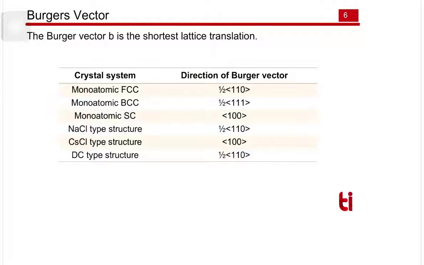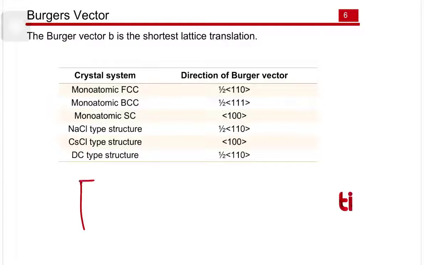This is something very important to understand, the Burgers vector, because you can have simple cubic, body-centered cubic, face-centered cubic, and some ionic solids. Each material has its own Burgers vector, which is an invariant quantity. When a dislocation is moving, it always moves along the most close-packed direction.